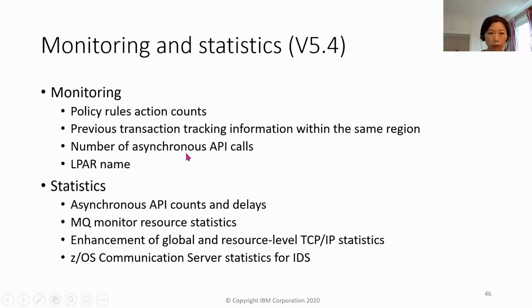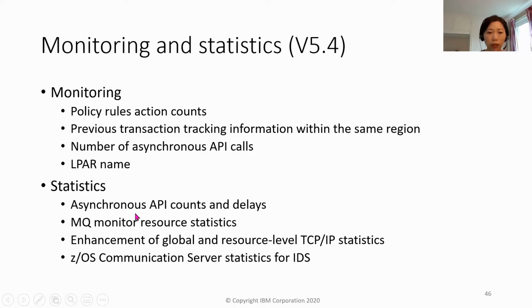We also put in monitoring on how many asynchronous API commands a task has made. So that is a complete solution as we provide the asynchronous API commands. And also you can see the ELPA name in the CICS monitoring data.